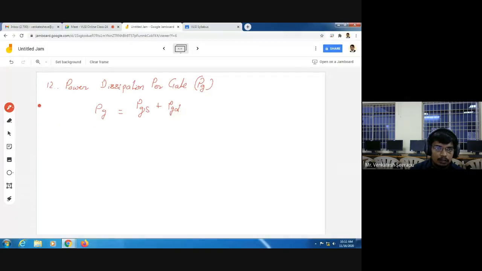The formula for PGS is VDD square by Ron, and the formula for PGD is EG into F naught. Now calculate the scaling factor for PGS and PGD.